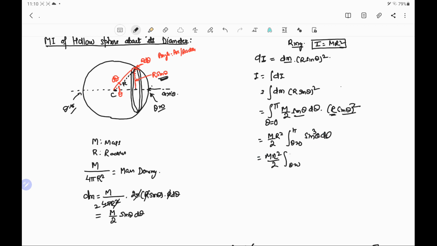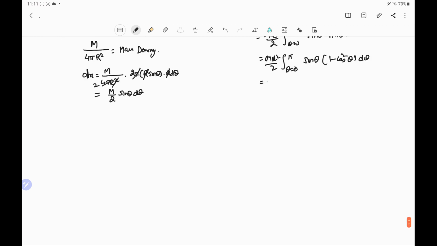Further we can write it as sine theta into sine square theta d theta, and sine square theta can be broken down. It will be 1 minus cos square theta d theta. It will be equal to m r square by 2, integral 0 to pi of sine theta minus sine theta cos square theta d theta.